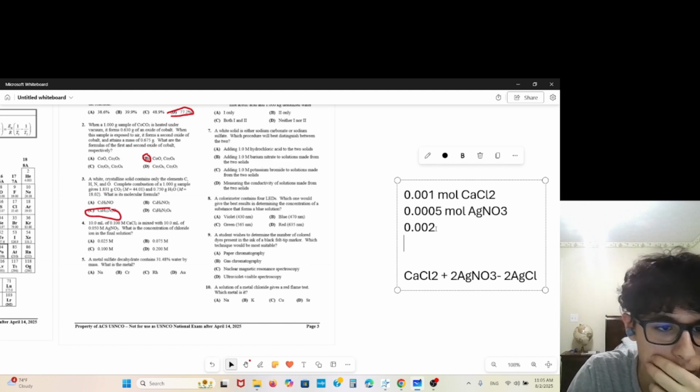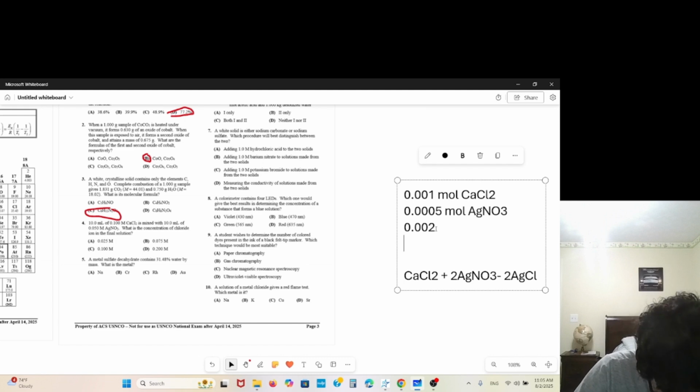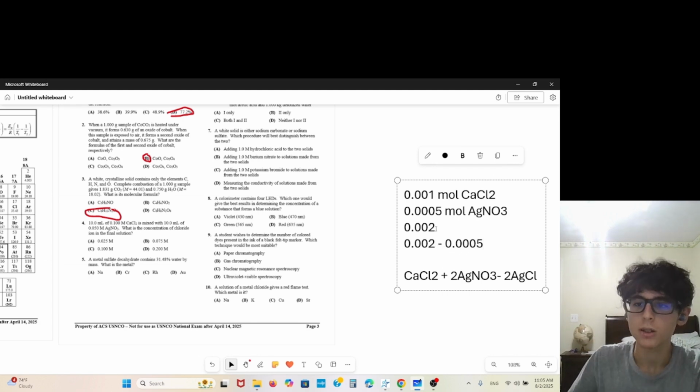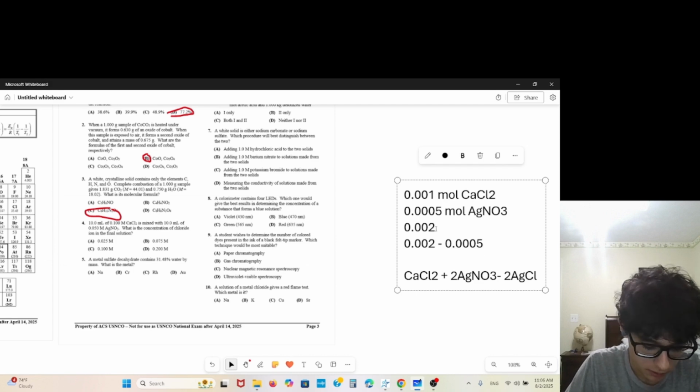So what's the concentration of chloride ion at the beginning? So you do the subtraction: 0.002 minus 0.0005, so 0.0015 moles, you get that.